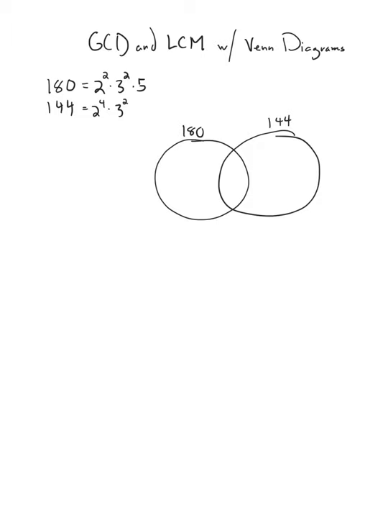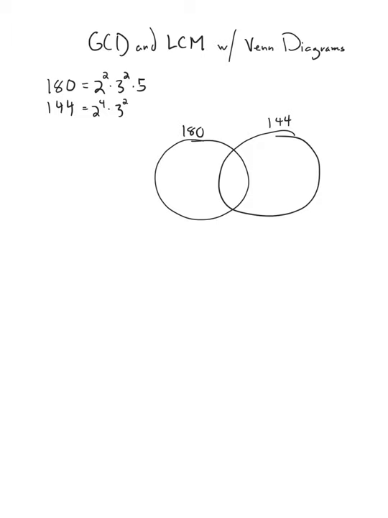So let's put what we have into this Venn diagram. Well, what do we have in common here? Well, 180 has 2 2s and 144 has 4 2s.